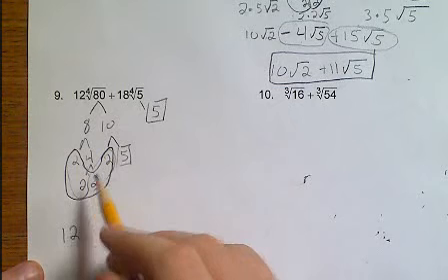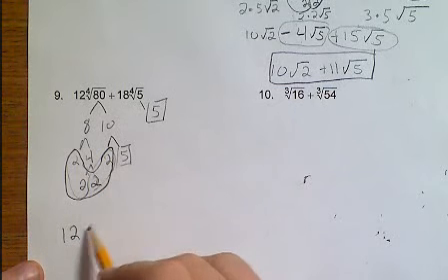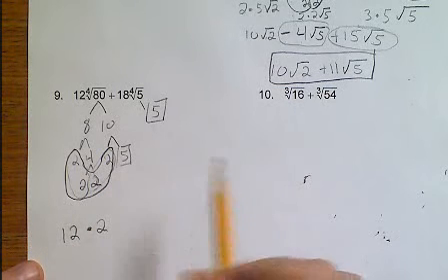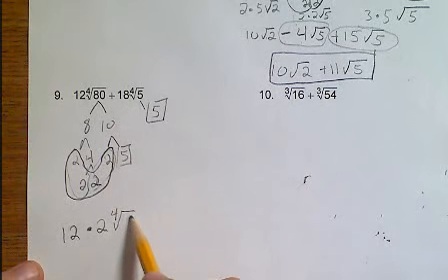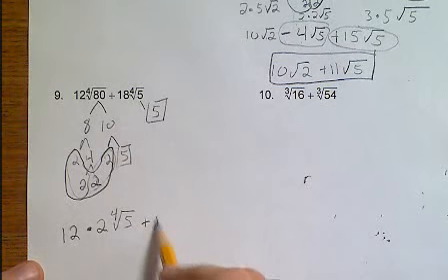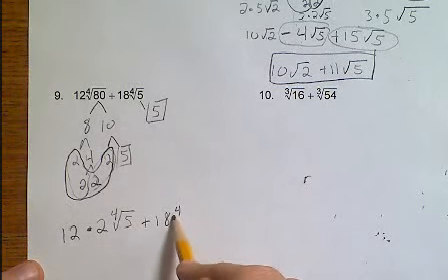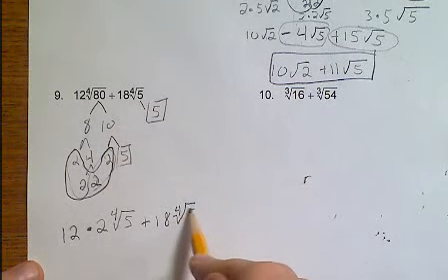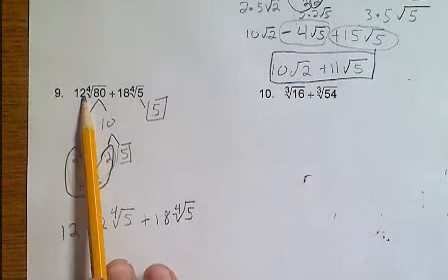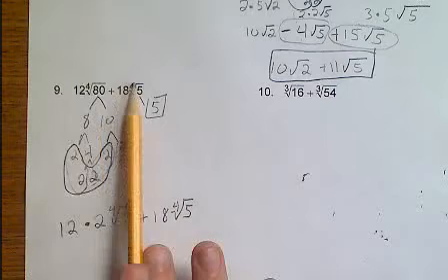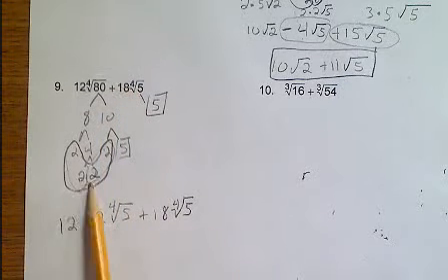So a single 2 comes out. And then 4th root of 5 plus 18, 4th root of 5. Make sure you pay attention to your indexes because we don't want to make the mistake that I almost made right here.